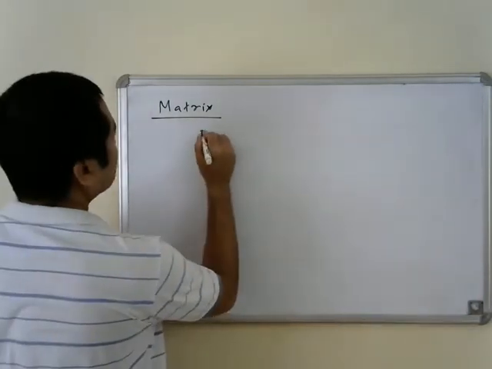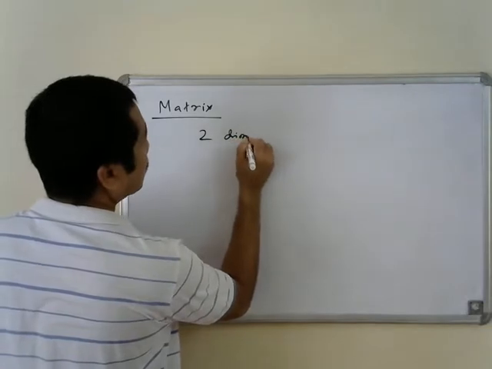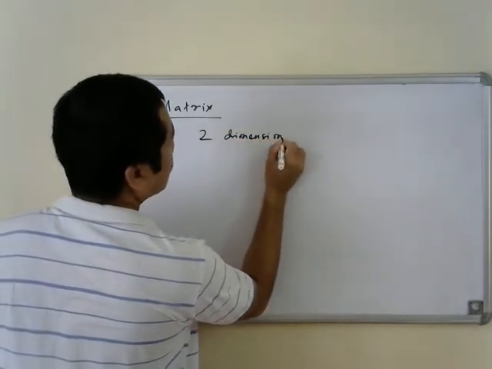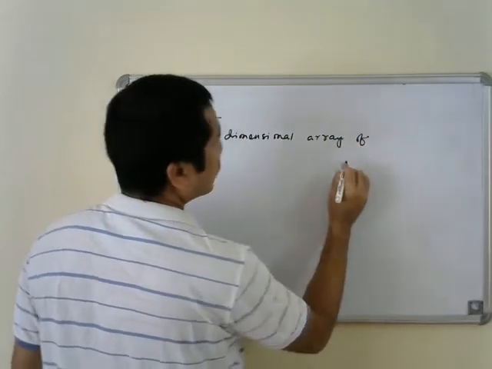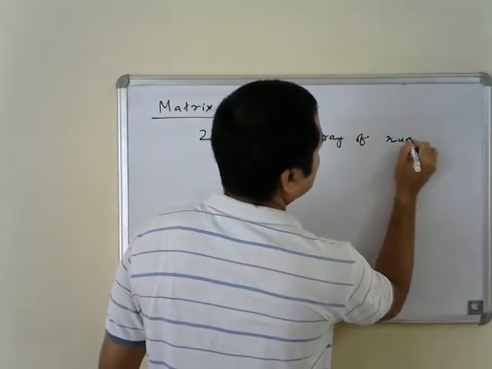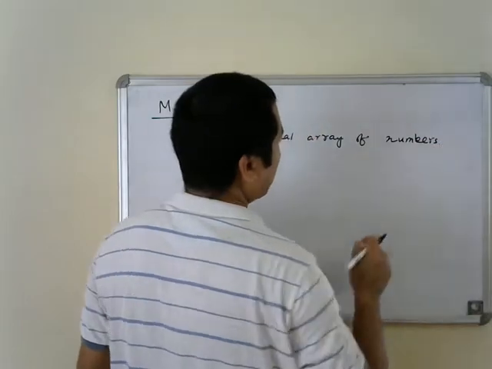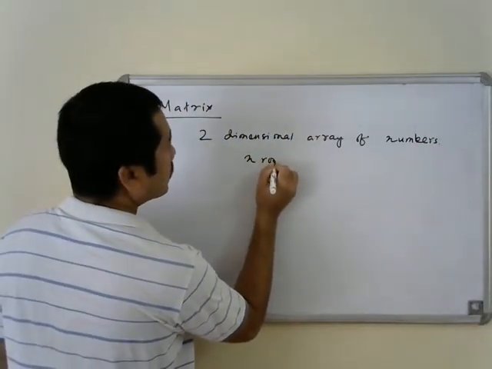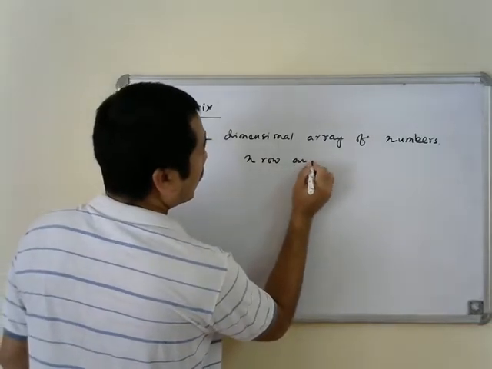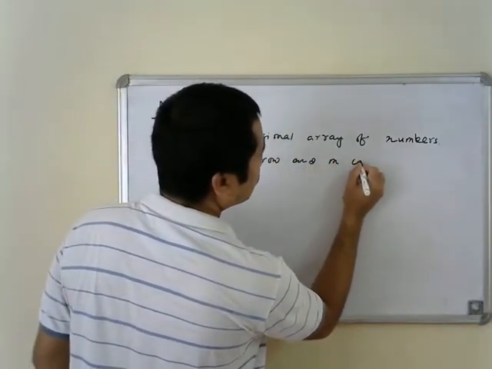So it's a matrix which has n rows and m columns.